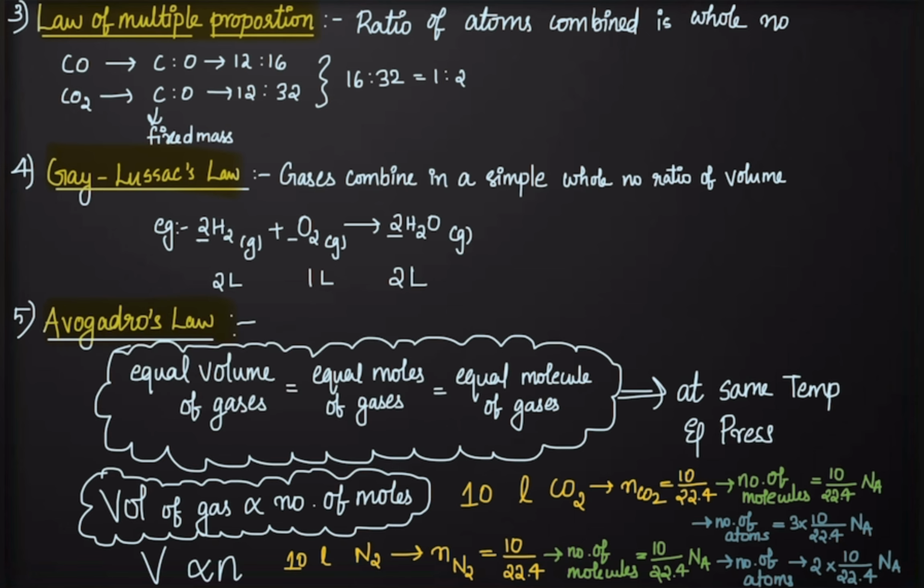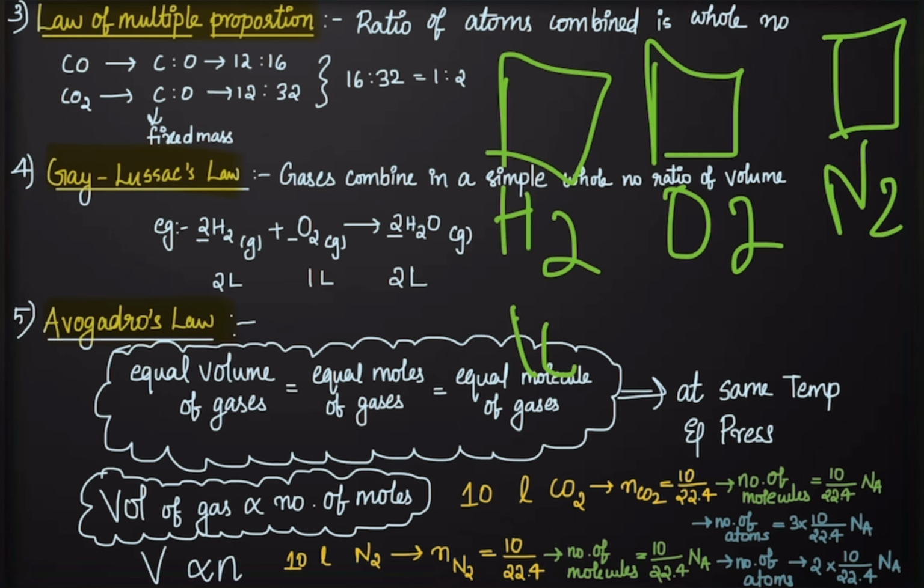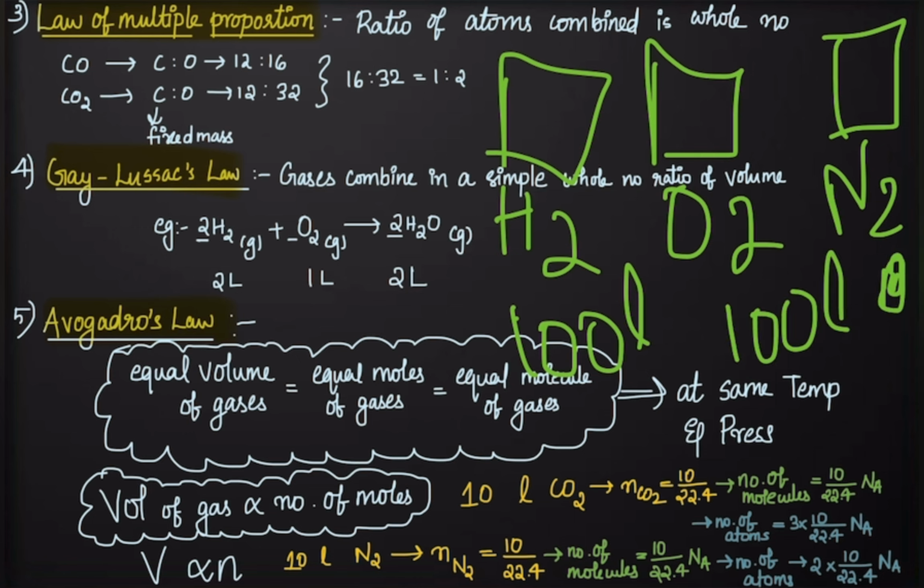So Avogadro's law means, if I take hydrogen, oxygen and nitrogen, 100 liter each, 100 liter hydrogen, 100 liter oxygen, 100 liter N2, the number of moles will be equal.